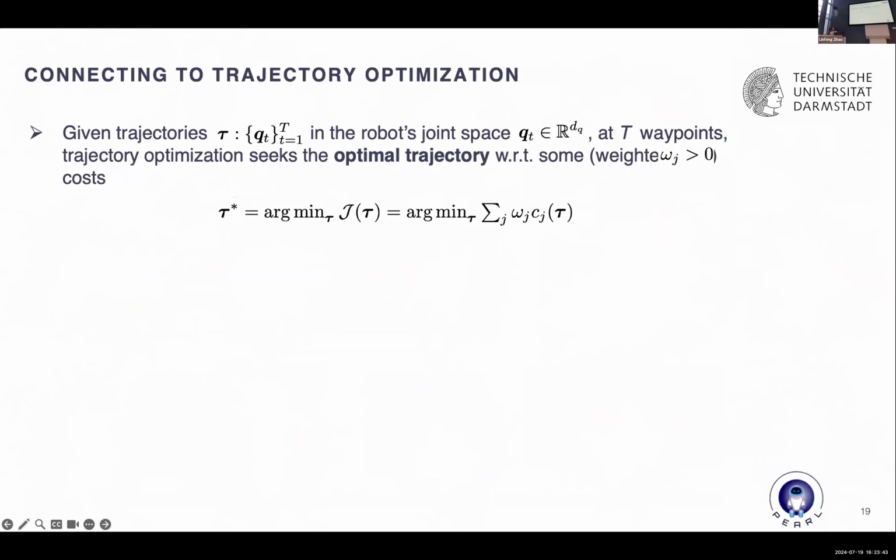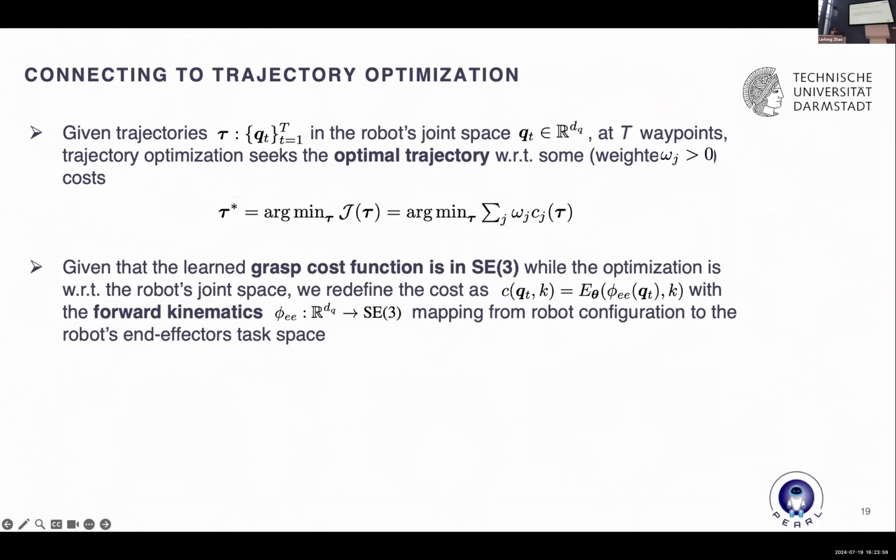And as I said before, if we take the perspective of planning as inference, we can frame the optimization, which is originally a minimization problem of some cost function, as a composition of different costs. And then we can add our grasp function, the one that we learned from SE(3) diffusion, as a grasp cost function.